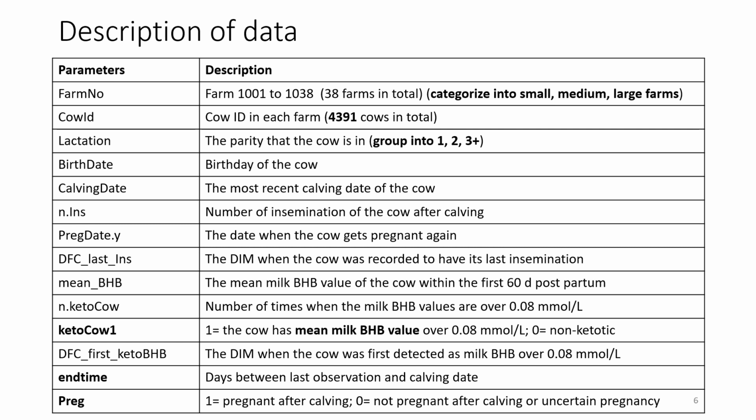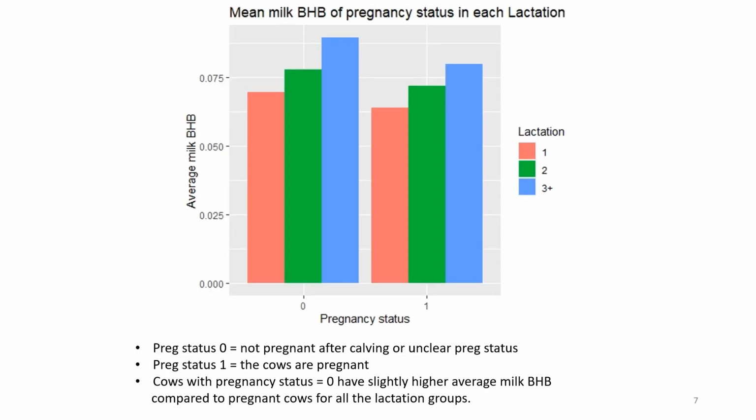So if the cows are pregnant, it's coded as 1, and if not pregnant, or we are not sure about the cow's pregnancy status, it's coded as 0. So here we can see that pregnant status 0 means the cow is not pregnant after calving, or it has an unclear pregnant status, and pregnant status 1 is the cows that are pregnant.